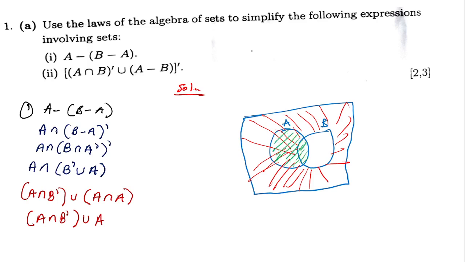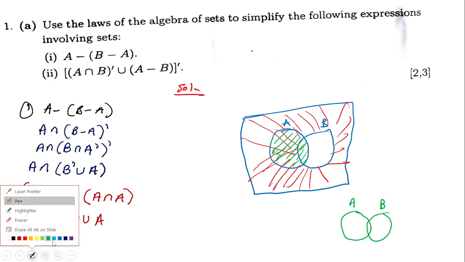Now, B complement intersection A is simply A only. So what you're going to discover is that if this is your A and this is your B, A intersection B complement, the answer is just the A only, such that your answer is found within this particular area.